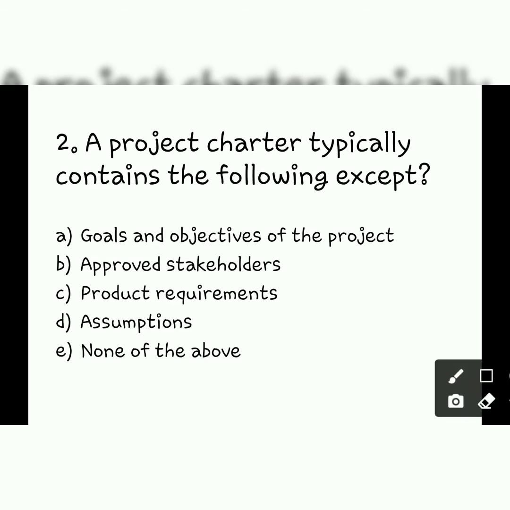A project charter contains all of these. So the answer is E, none of the above, because the charter contains assumptions, requirements of the product, the stakeholders, and the objectives and goals of the project. So the answer is E.